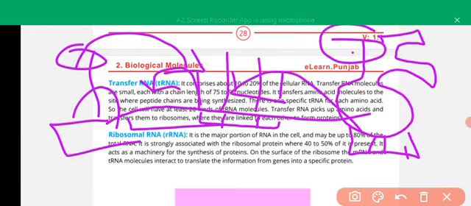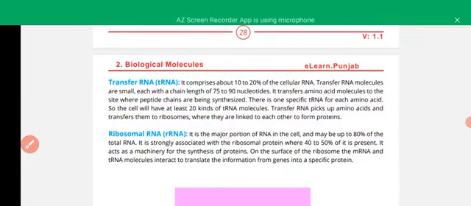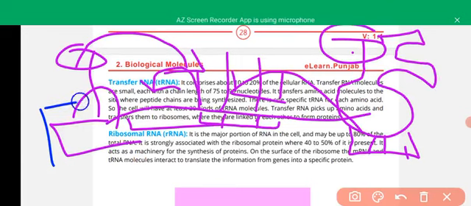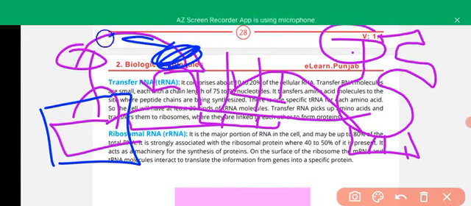So the transfer RNA at this point is empty, and at this point there are two amino acids.